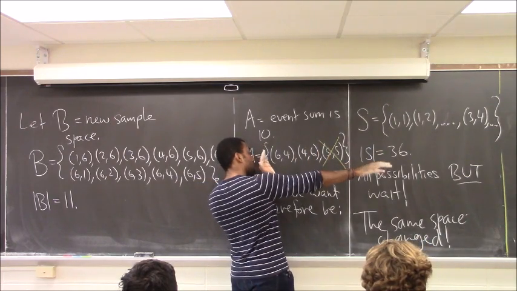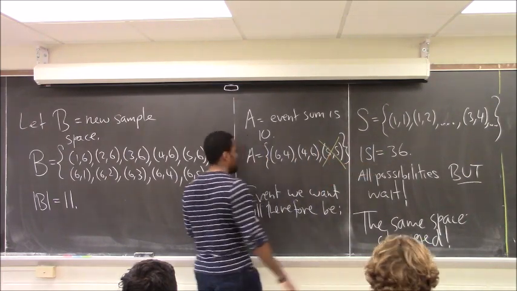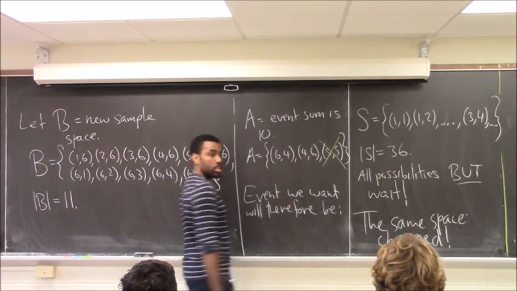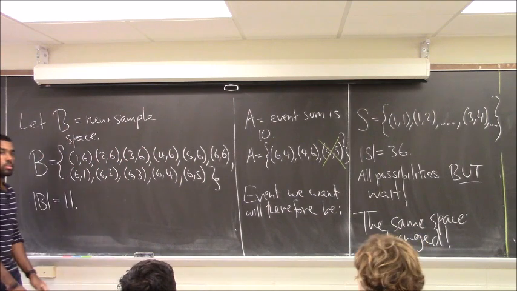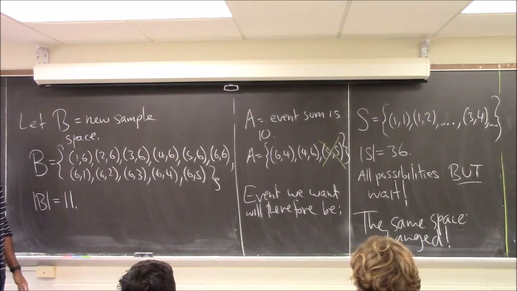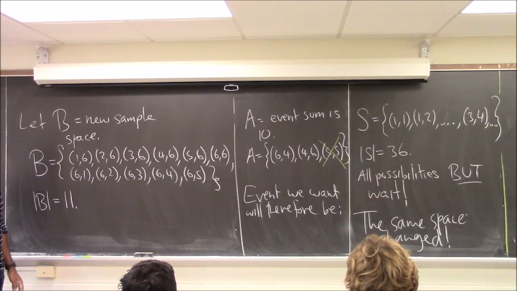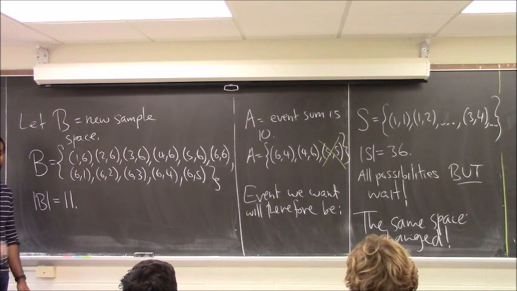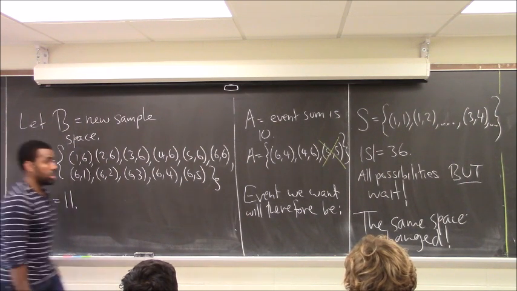We don't want the 5, 5 because I know one of them has to be 6. But what is the relationship of the set of these two elements? The two dice add up to 10, given that one of the dice is 6. Yes, but in terms of the set relationship, how does that set relate? It's a subset. Subset of what? Of B. Sure, but more specifically, how can I find that subset? It's A intersect B. It's actually A intersect B.